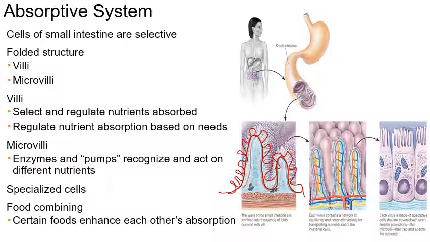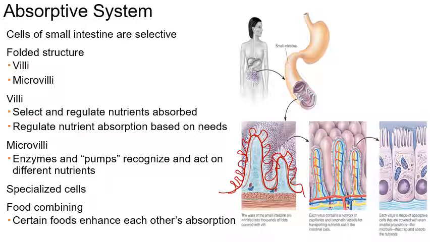Well, let's talk about the villi first. The villi select and regulate nutrients absorbed. So it's based on what the body needs. They will select nutrients that they need as they're coming. And the microvilli on top of the villi have enzymes and pumps that recognize and act on different nutrients.